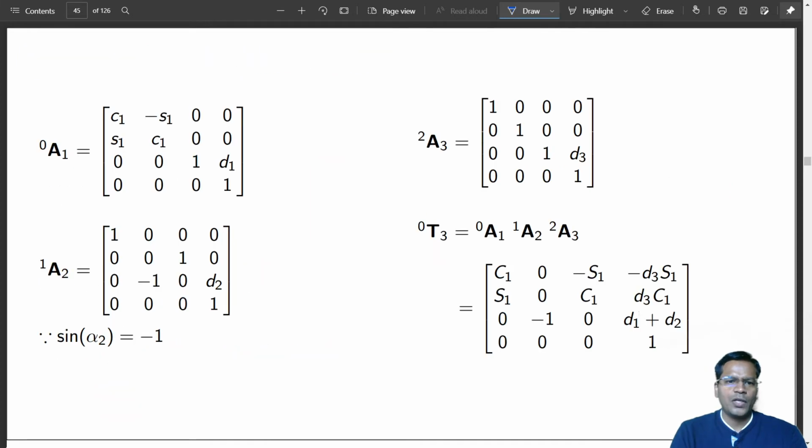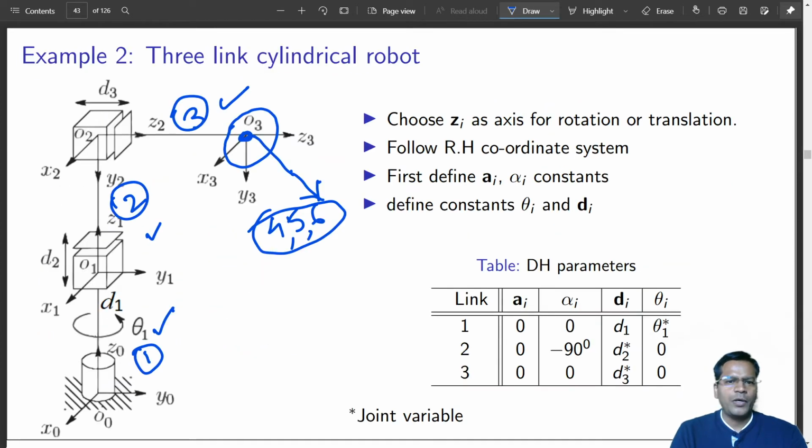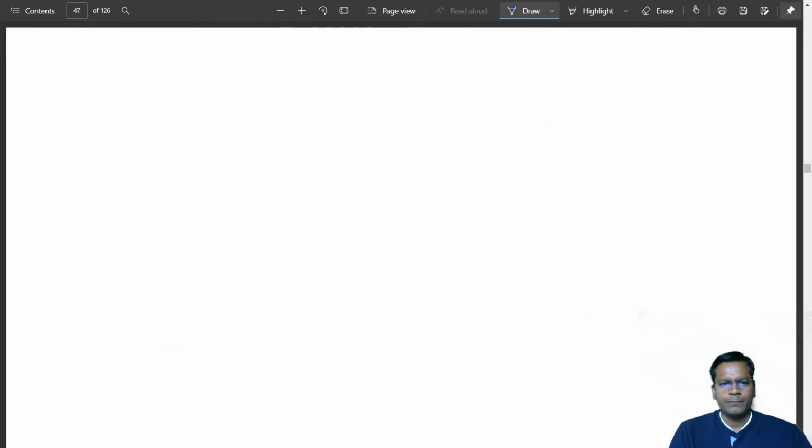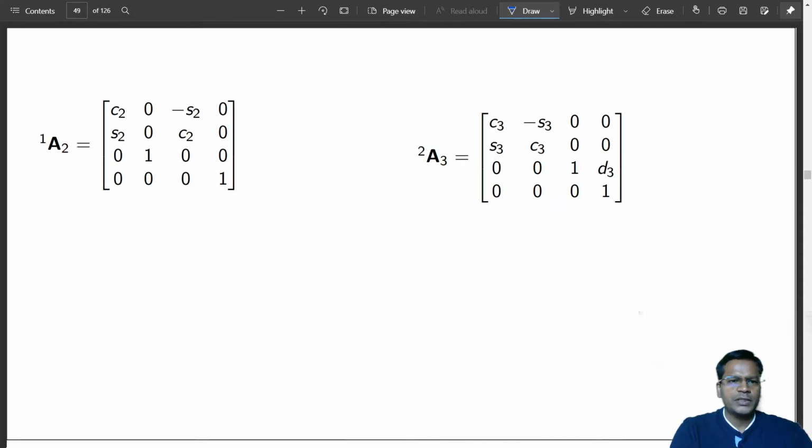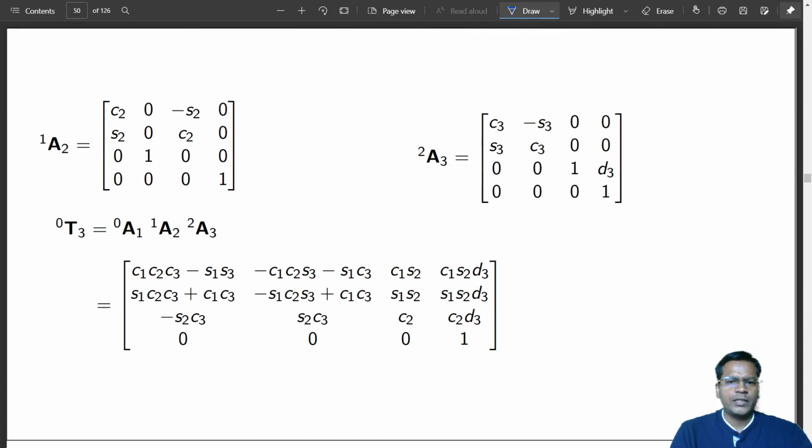Just now we saw a cylindrical robot. I would place this spherical wrist over here. So how will it turn out to be? This is your spherical wrist DH parameter. If you put transformation first, transformation second and transformation third and take a product, this gives you the orientation.